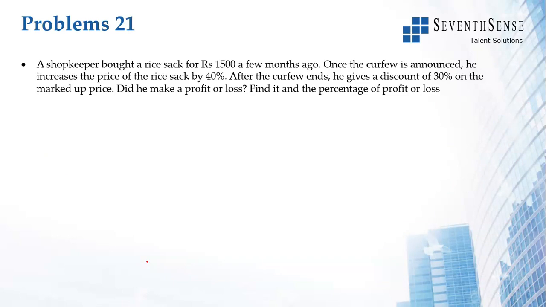A shopkeeper bought a bag of rice for 1500. Once a curfew is announced, he increases the price of the sack by 40%. What is the price? How do you do it? You do 1500, and if the price of the sack is increased by 40%, the new price is gotten as 1500 into 140 by 100.